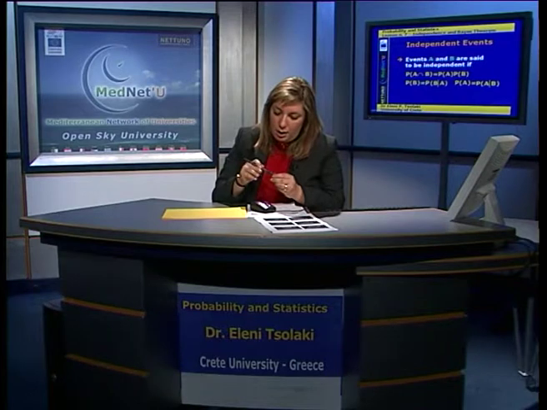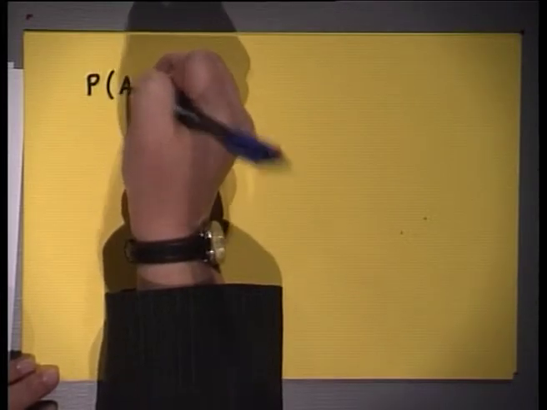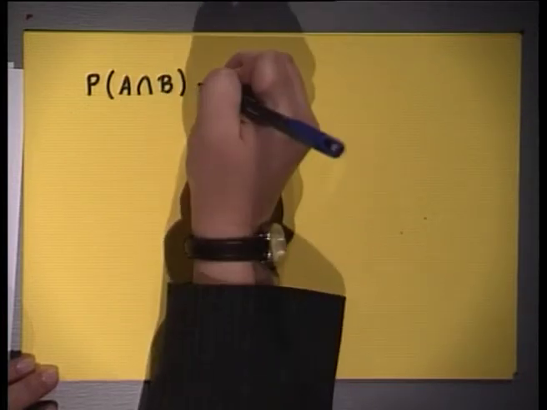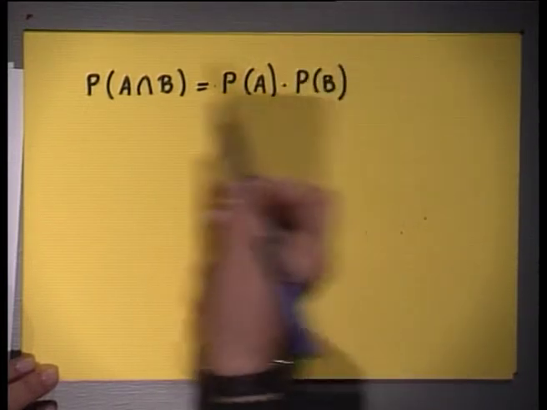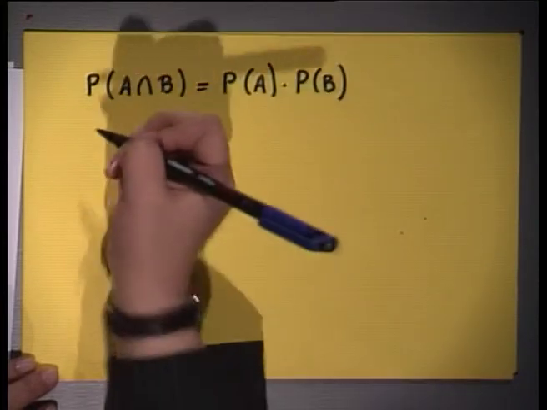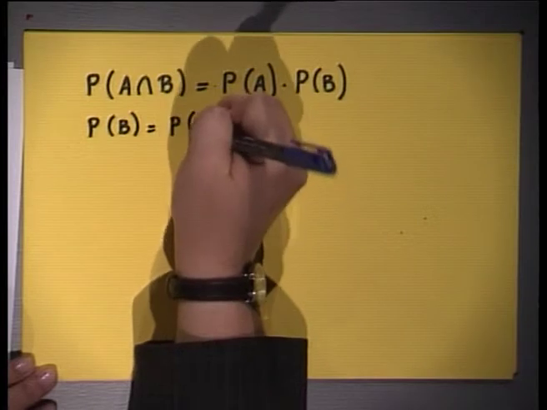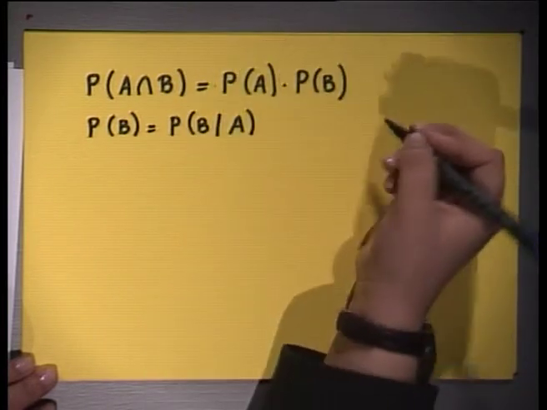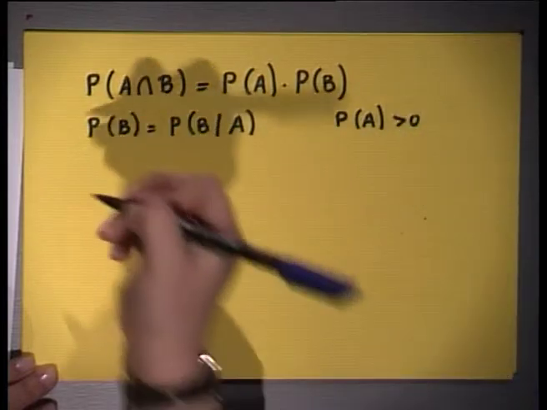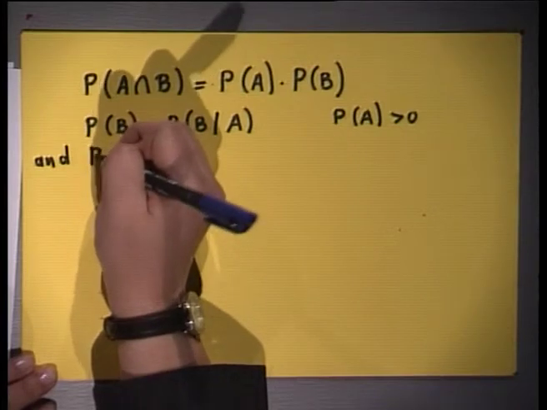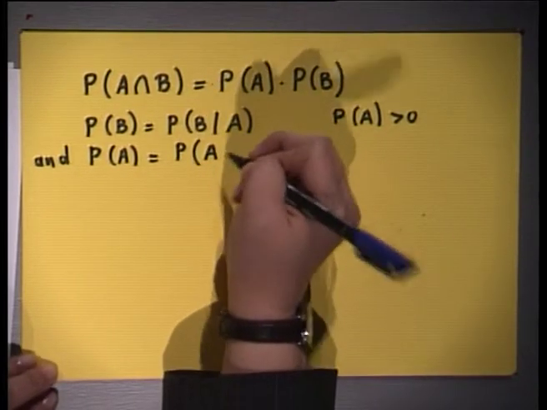So, if we know that the probability of A intersection B equals probability of A times probability of B, that is, events A and B are independent, we want to show that probability of B equals probability of B given A. In this case, we have to have that the probability of A is greater than 0, and the probability of A equals probability of A given B.